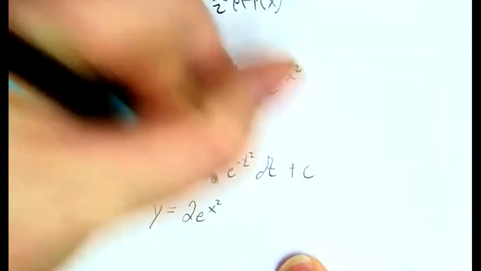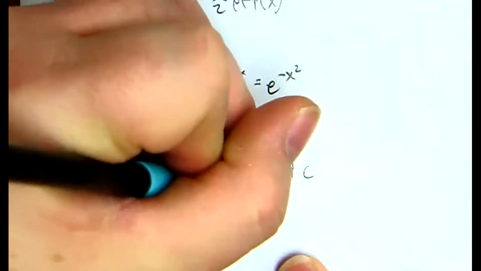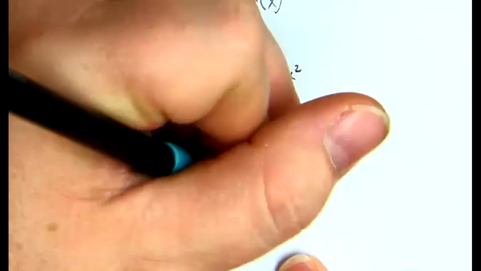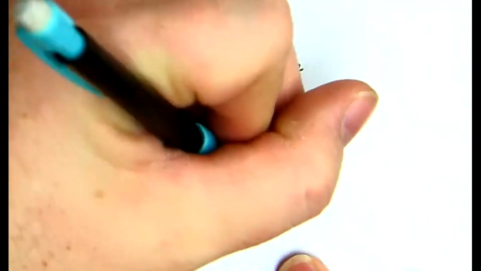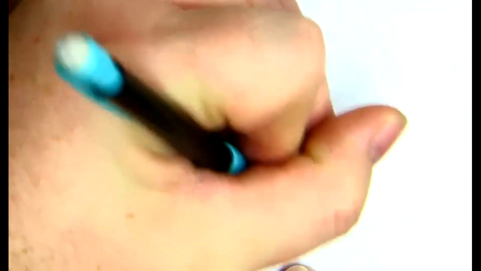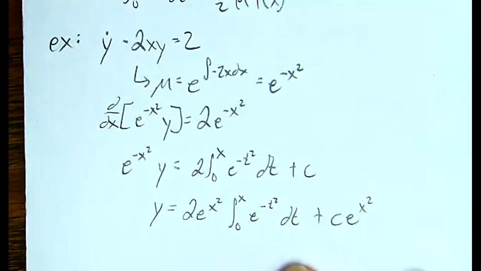So y then is 2e to the x squared times the integral from 0 to x of e to the negative t squared dt plus c e to the x squared.